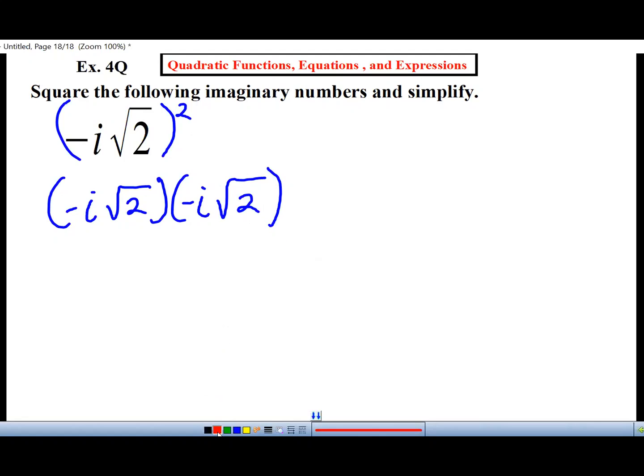Once again, variables times variables, numbers times numbers. Here we go. So what is -i times -i? Negative times negative is positive. i times i is i squared. Okay. Next, the square root of 2 times the square root of 2. We get the square root of 2 squared.